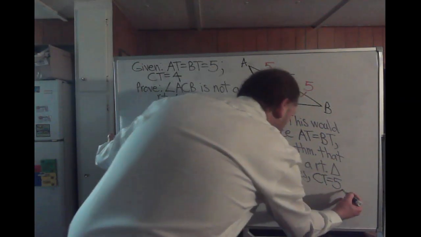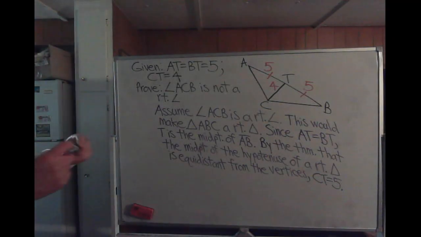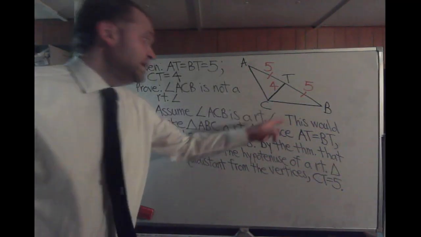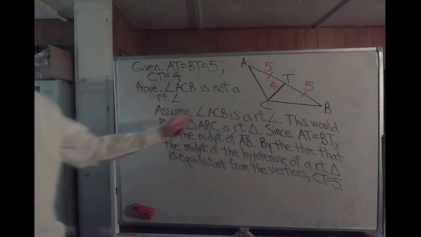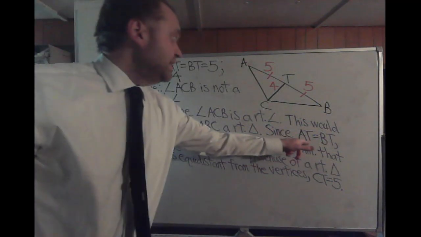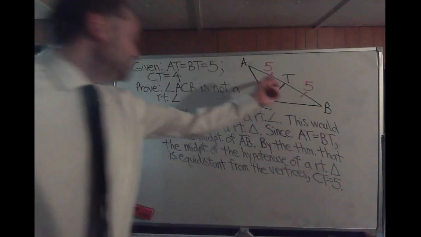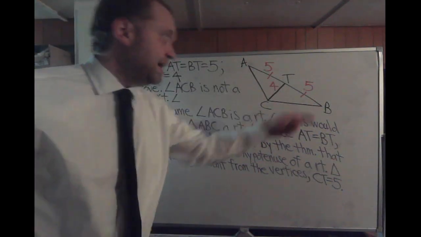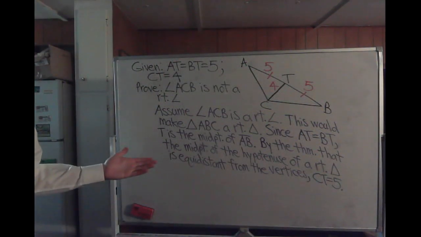So let's talk about where we're at so far. We're assuming that angle ACB is a right angle. This would make triangle ABC a right triangle. Since AT equals BT, T is the midpoint of side AB, right? Which, by the definition of midpoint, would be true.